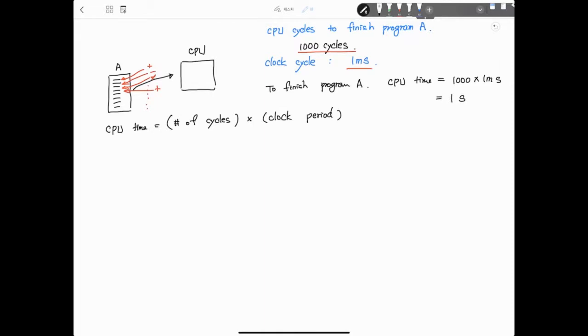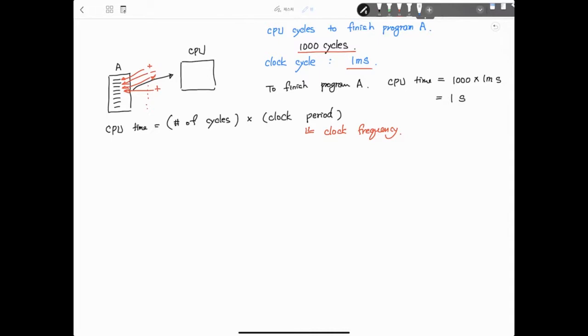So to reduce the CPU time, either we reduce the number of cycles or we reduce the clock period, which means we increase the clock frequency. Okay, so that is the basic idea.